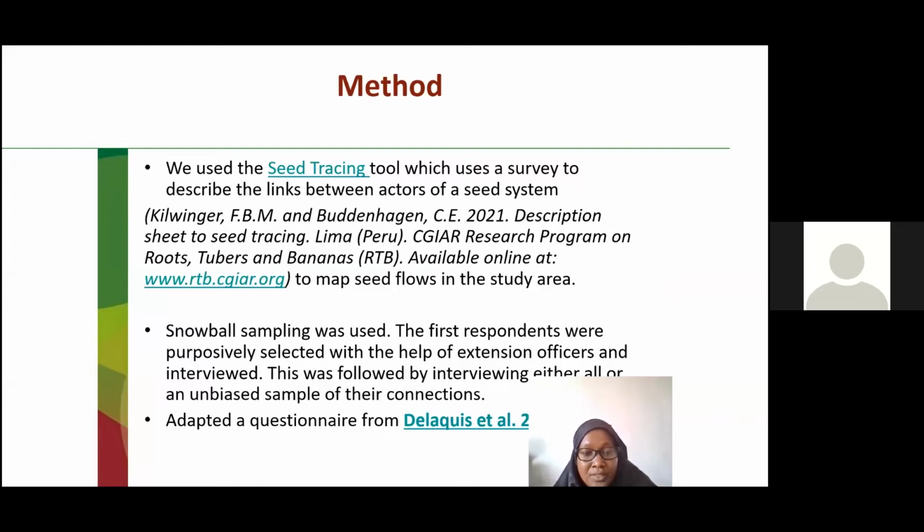We also used snowball sampling, whereby the first respondents were purposively selected with the help of an extension officer and interviewed. This was followed by interviews of either all or an unbiased sample of their connections. Also, we adopted the questionnaire from Delaki et al., 2016.